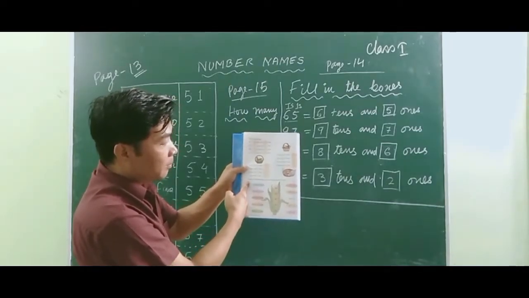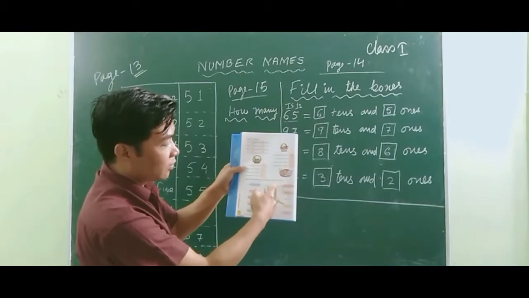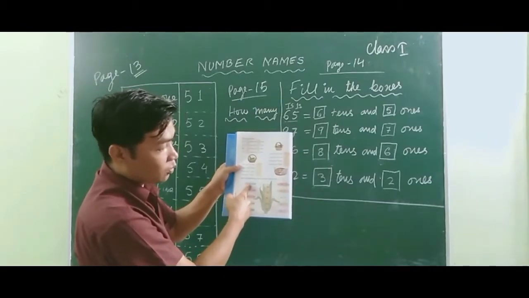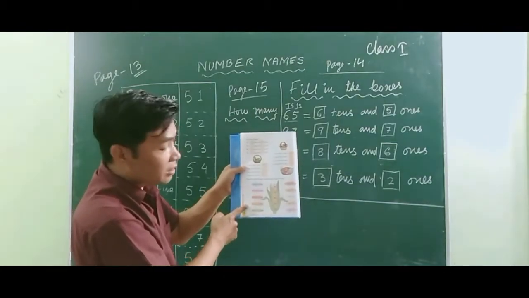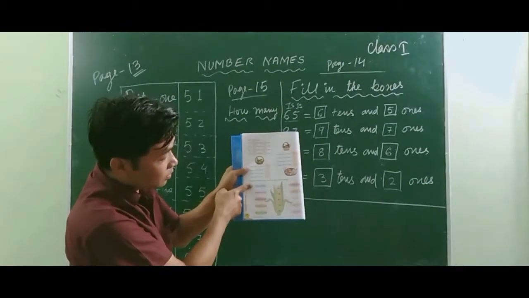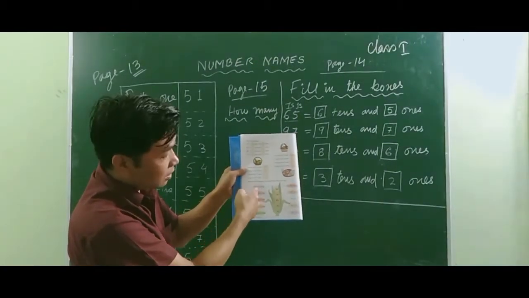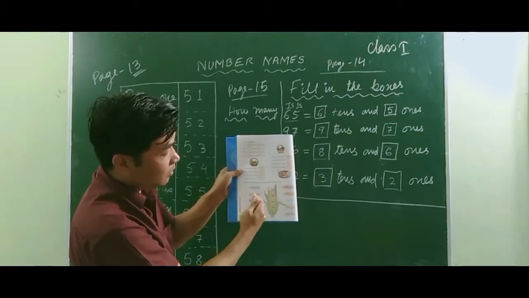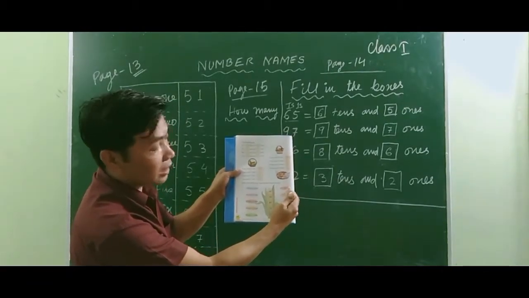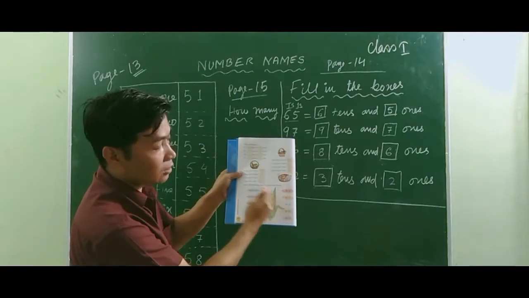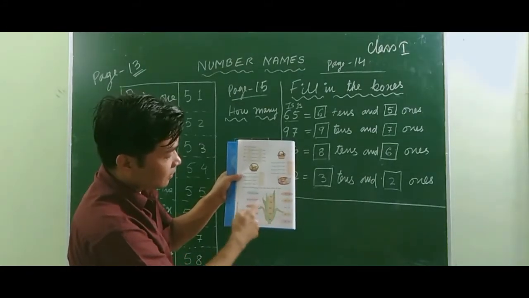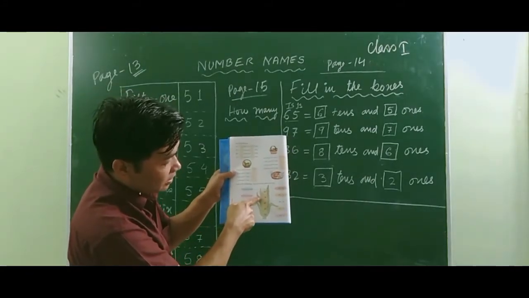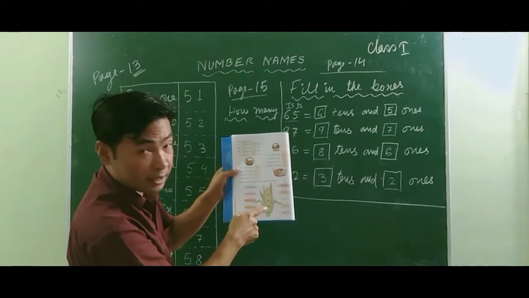And match the following. One has been done for you. So 7 tens and 6 ones. The numbers which are broken into tens are on the left hand side, and the numbers which are added will be on the right hand side. You have to find the correct one and match this number. See here: 68, 76, 85, 59 and 92.